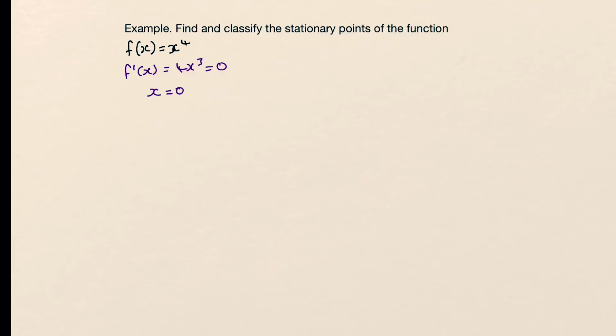So this gives us the position of our stationary point, which will be (0, 0). Now we look at the second derivative, which is equal to 12x squared. If we set this at our point x0, which is 0, we will get 0 again. Therefore no conclusion.